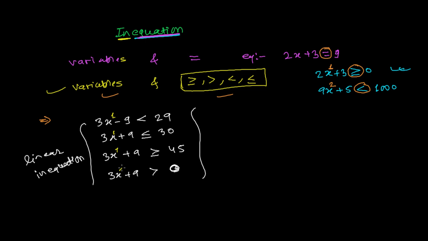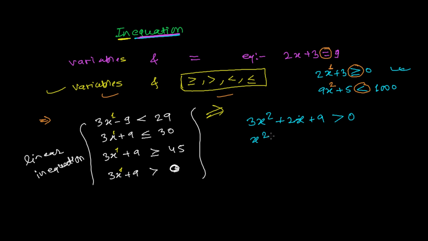Let's take some examples of quadratic inequations, where the variable has highest power 2. So 3x squared plus 2x plus 9 is greater than 0. This is an example of quadratic inequation.